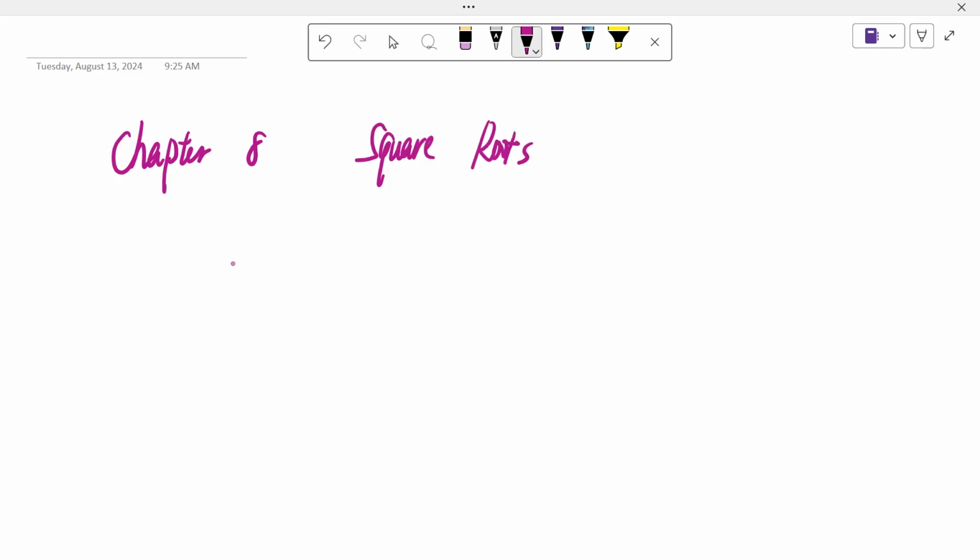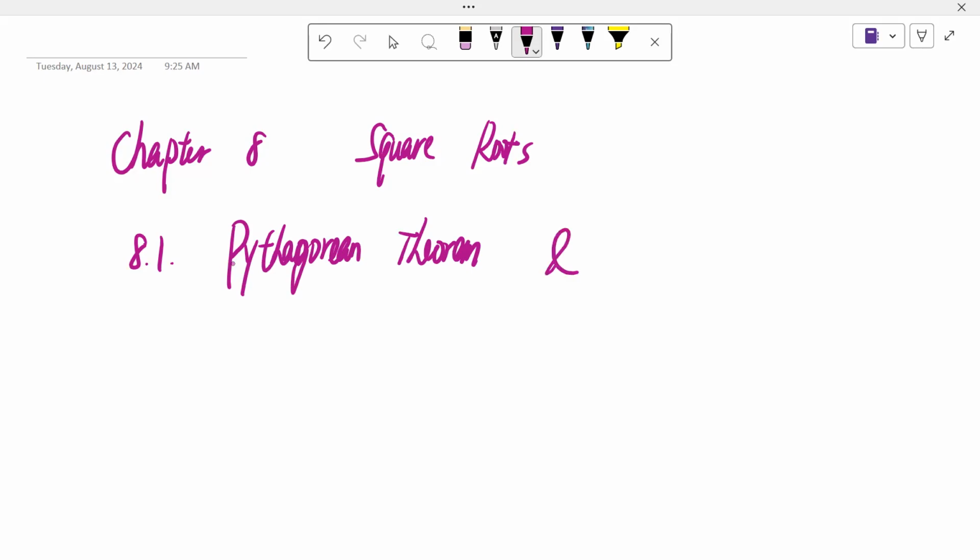And section 8.1 is basically on the Pythagorean theorem. I'm gonna go over the Pythagorean theorem and show you where the root comes from, and also the relation, the common roots.